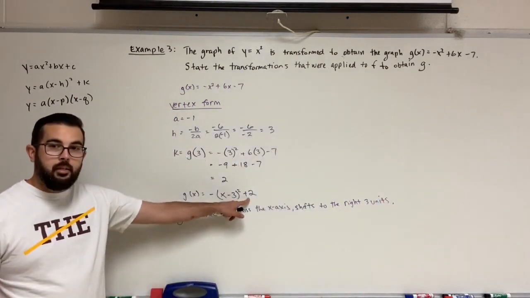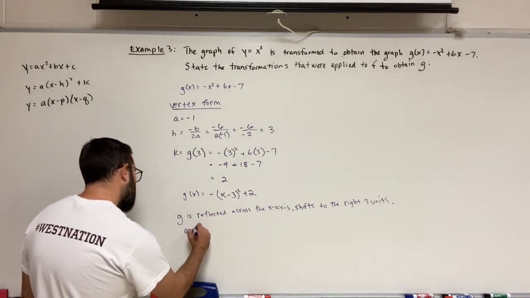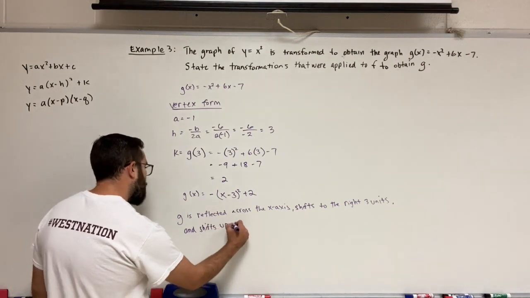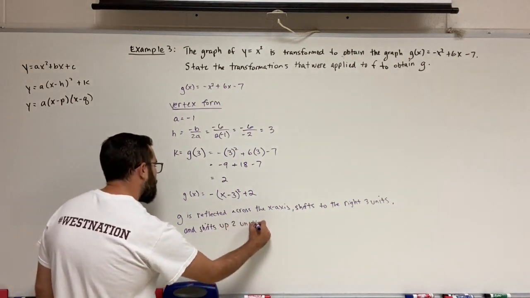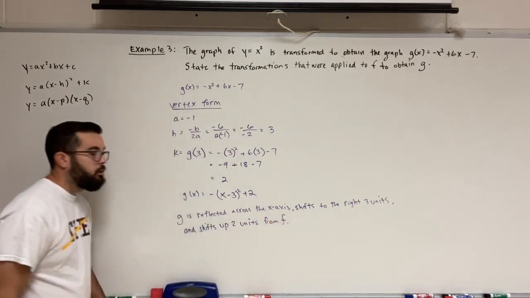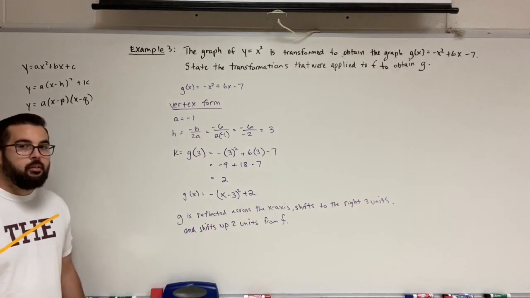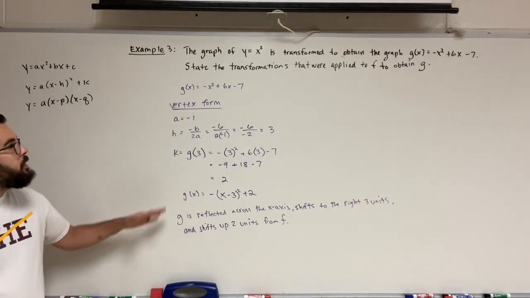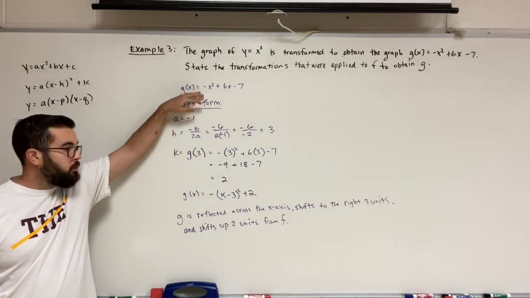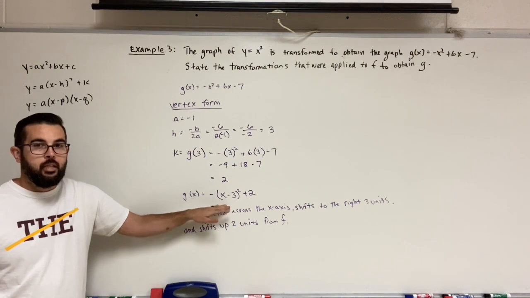Then this plus 2 would be a shift up 2 units. So g shifts up 2 units from f. And now we can name the transformations. You can see that hardly any of those things come from standard form. It's easily seen when we switch to vertex form.